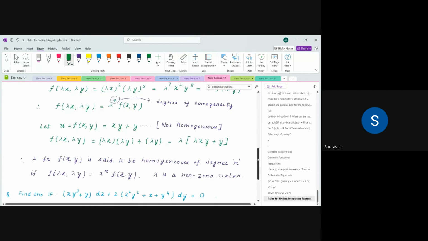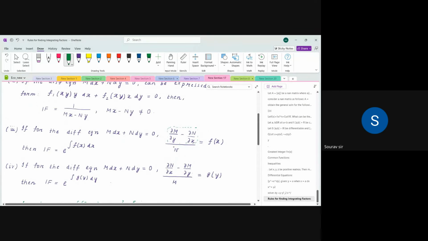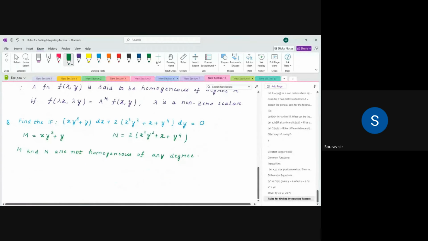All right. The third and fourth are quite similar in their approach. So we need to calculate del M by del y and del N by del x, right? So let's try to work that out. What are you getting if you calculate del M by del y and del N by del x?